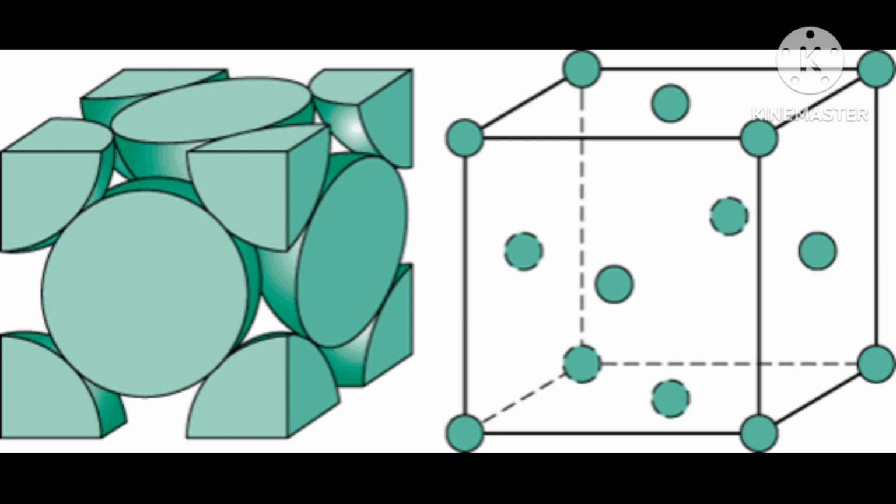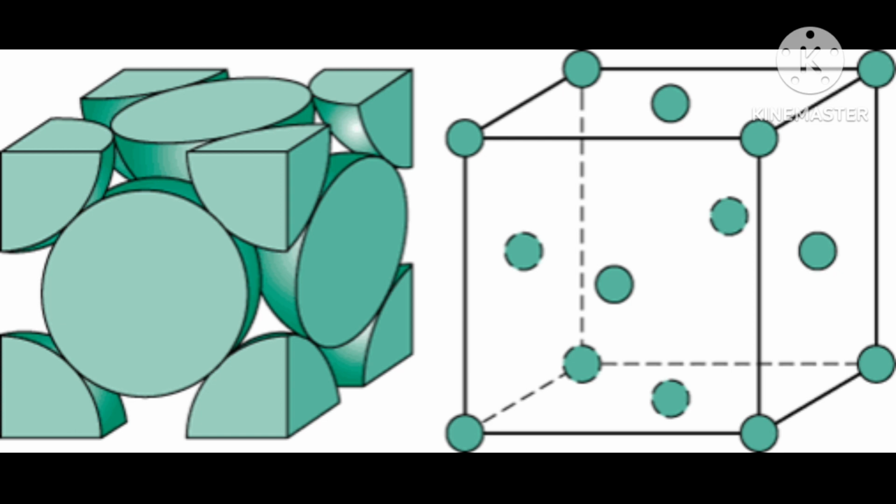Suppose in a cube 1000 atoms are there, and small m is the mass of one atom.